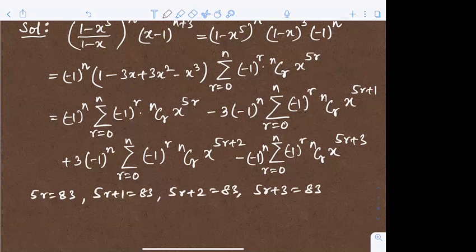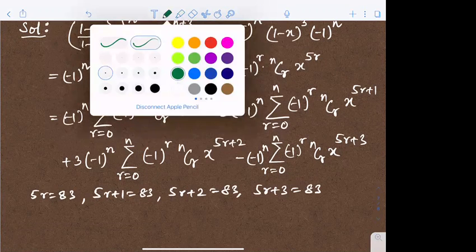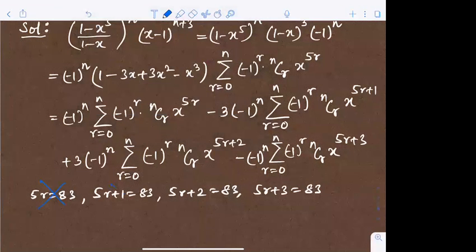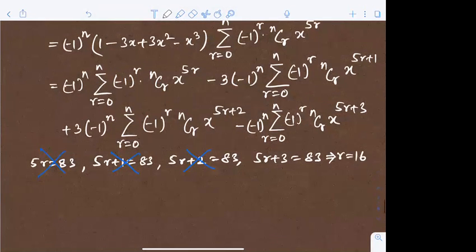If they are 83, then only I can get x power 83. But we can easily understand that 5r cannot be equal to 83, this cannot be 83, this cannot be 83, whereas the last one can be 83 for r is equal to 16.